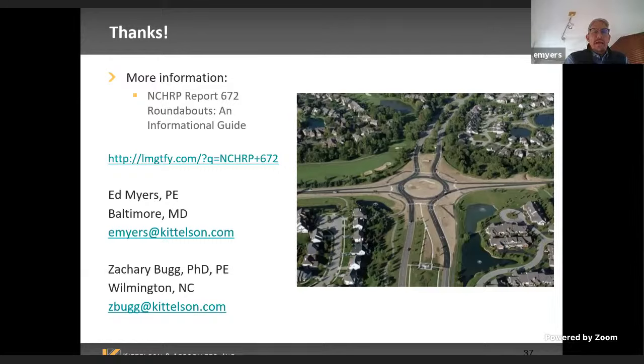Yeah, the thing I would add to that is it's pretty difficult. I wouldn't sugarcoat it if you're talking to a client or the public. The easiest way to do it is to detour all traffic and shut down the intersection, and then you build a roundabout. That's also the most impactful to the motoring public and really rarely happens.